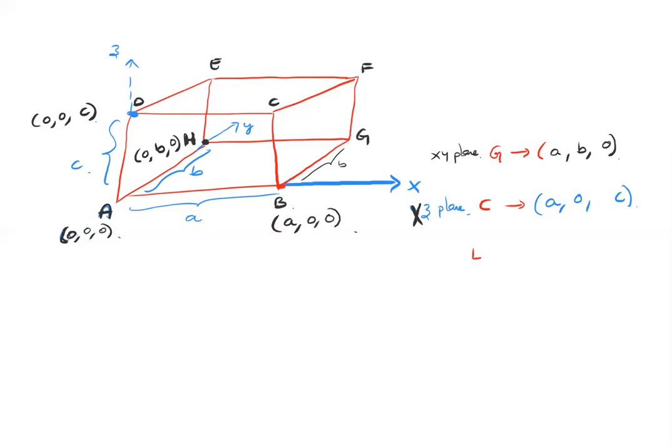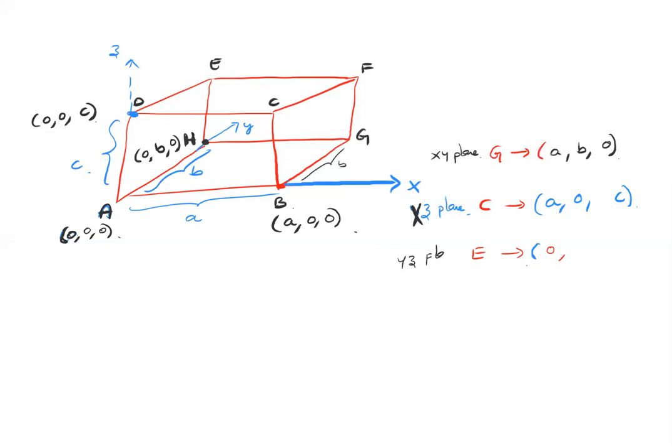And coming to E, your E is on the yz plane. So if you are considering E, the x coordinate is obviously 0 because it is on the yz plane.